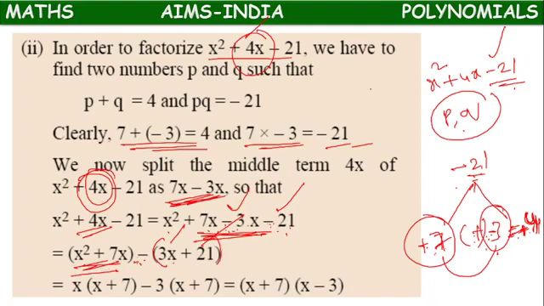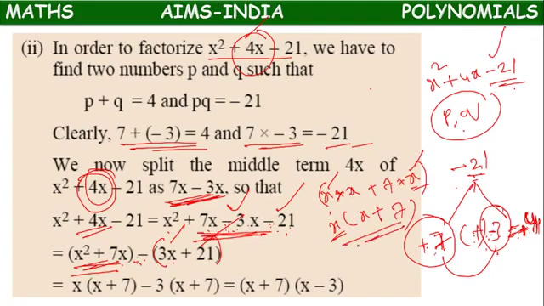Next. x square plus 7x means x into x plus 7 into x. What is common? x is common. One x taken out, another x is remaining. x taken out, 7 is remaining. x into x plus 7.